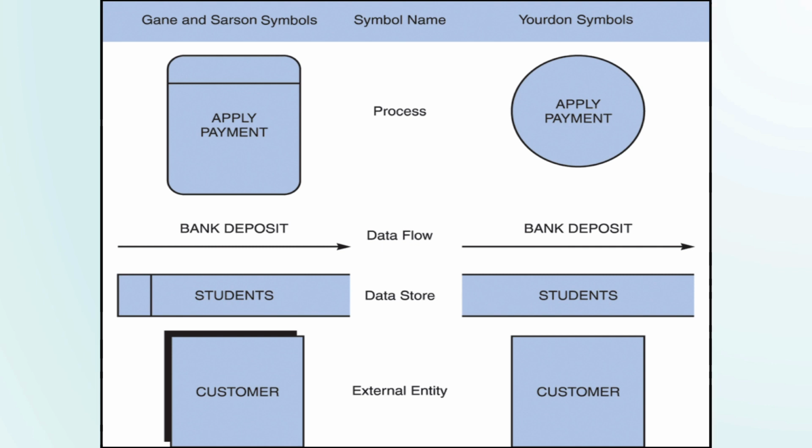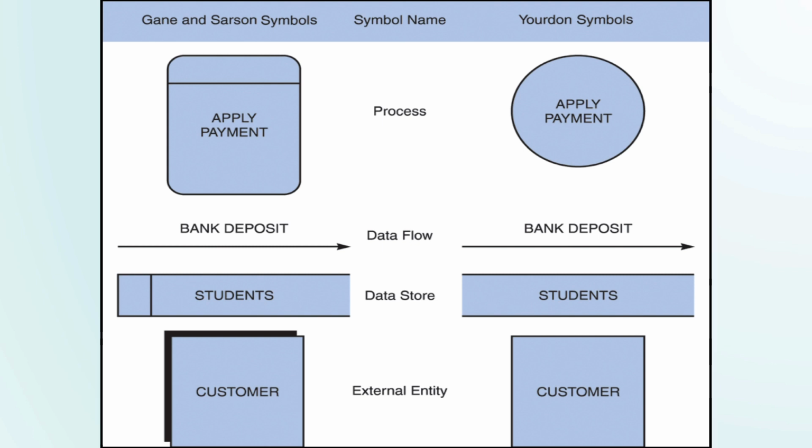The second symbol is the data flow, illustrated by a line together with an arrow. The third is the data store. Gane and Sarson use a rectangle box with one line in the box, while Yourdon uses a rectangle with no left and right lines.